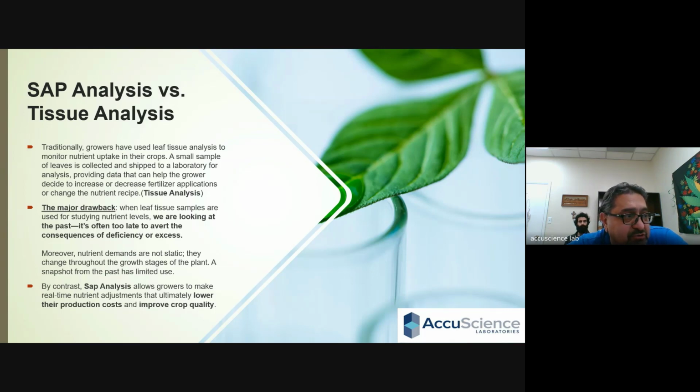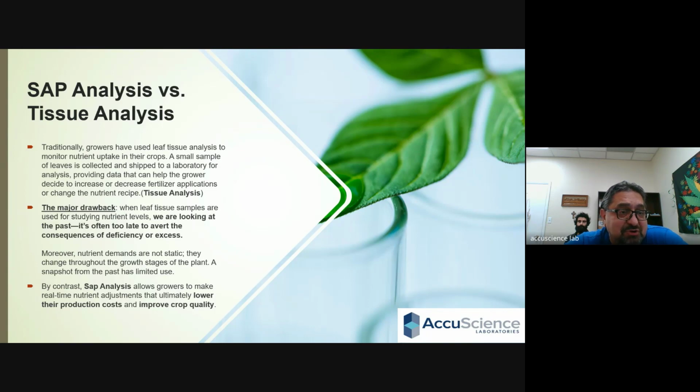For somebody who has done both the sap analysis and tissue analysis, one of the major things we have to pay attention to is that with tissue analysis, you're testing the whole plant tissue, the leaves.